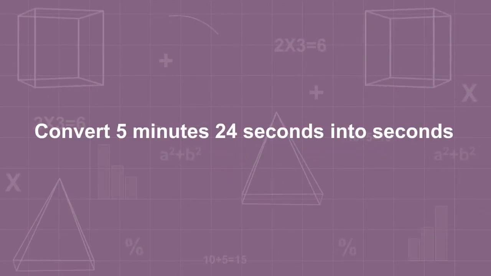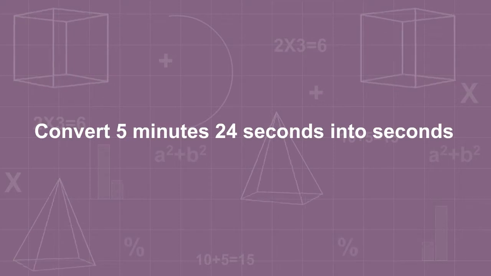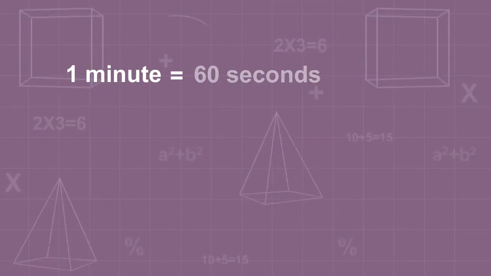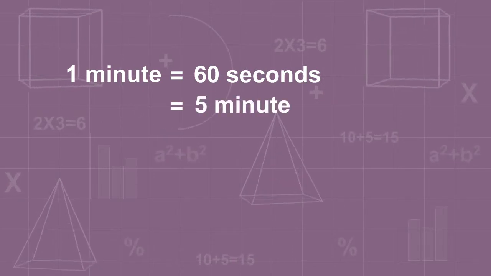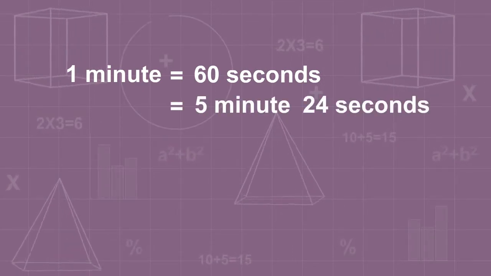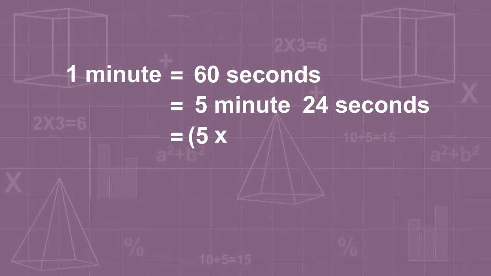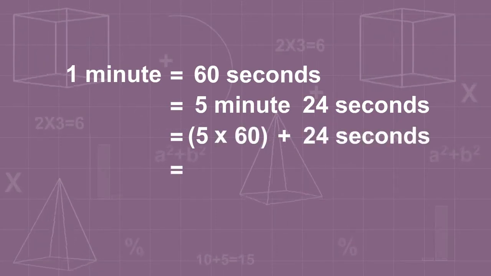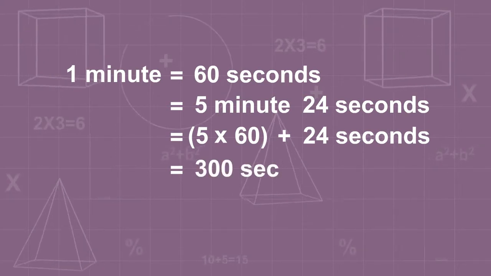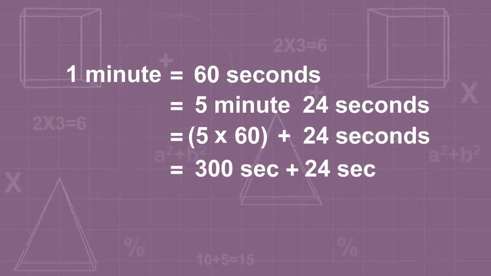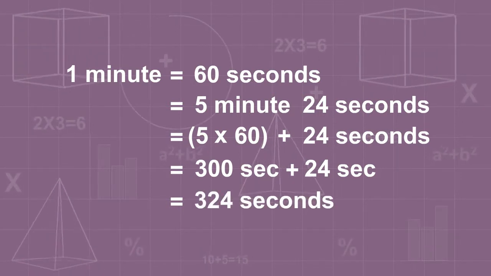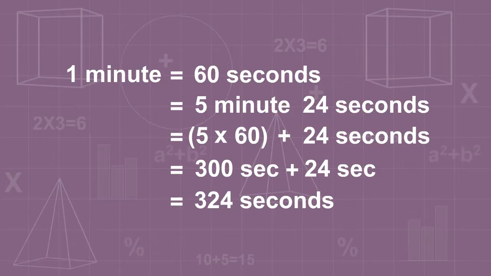Convert 5 minutes 24 seconds into seconds. 1 minute is equal to 60 seconds. 5 minutes 24 seconds is equal to 5 into 60 seconds plus 24 seconds, which is equal to 300 seconds plus 24 seconds, which is equal to 324 seconds. Are you getting the concept?